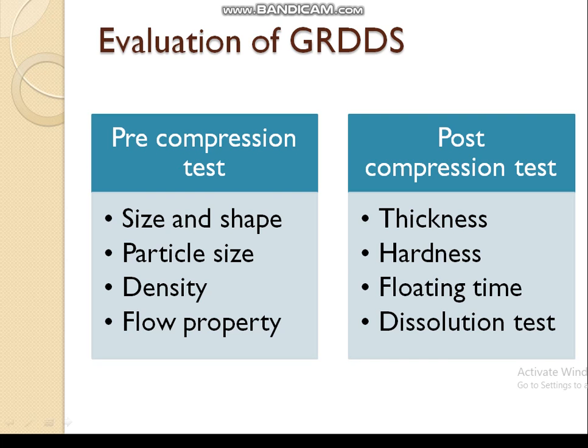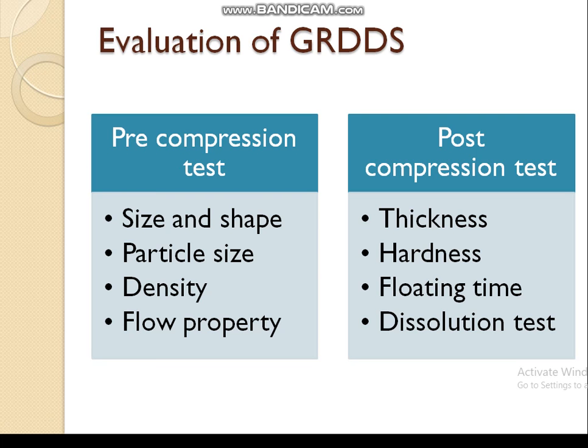Now, just a brief intro about the evaluation of gastroretentive drug delivery systems. There are several tests. Pre-compression tests include size and shape of the formulation, particle size, density, flow property.